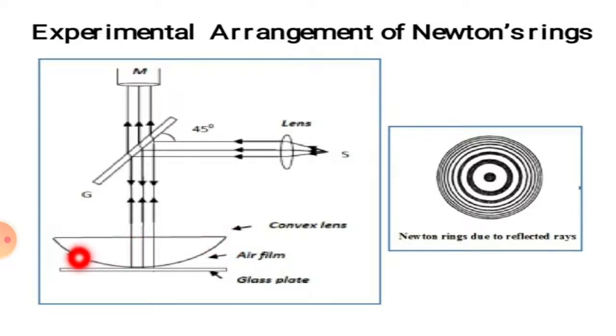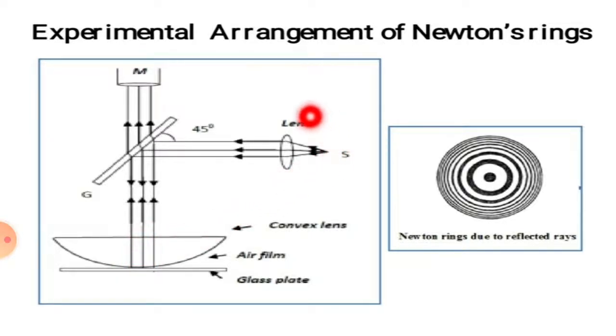This lens touches the glass plate at this point. An air film is formed between the lower surface of the lens and the upper surface of the glass plate. Here, the thickness of the air film gradually increases towards the edges of the lens and the glass plate, and at the point of contact, the thickness of the air film is 0.